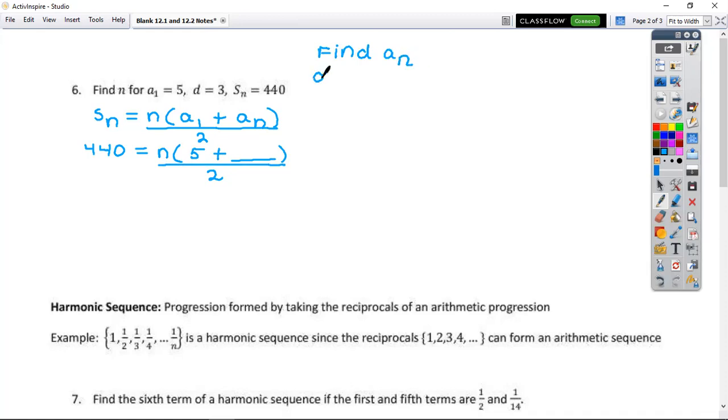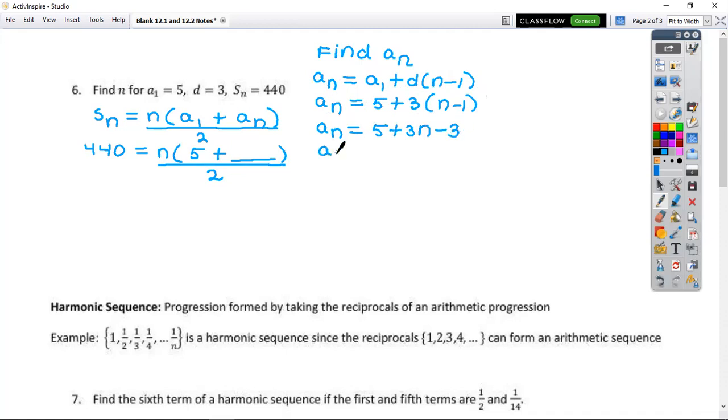So you're going to do the formula. A sub n equals a sub 1 plus d times n minus 1. So a sub n is unknown. A sub 1 is equal to 5. D is equal to 3, and this is n minus 1. Don't know it. That's okay. So a sub n is equal to 5 plus 3n minus 3.